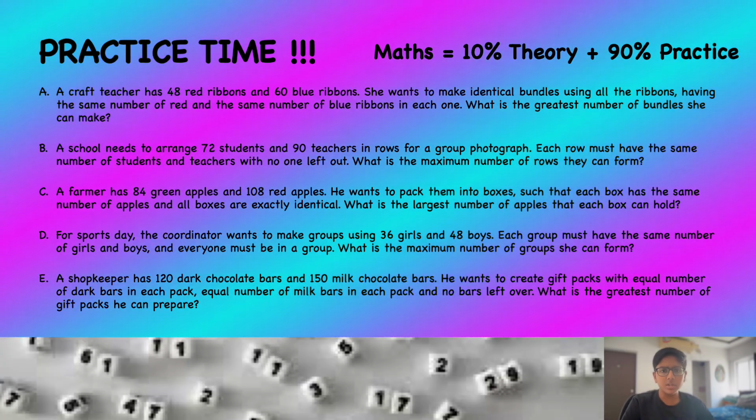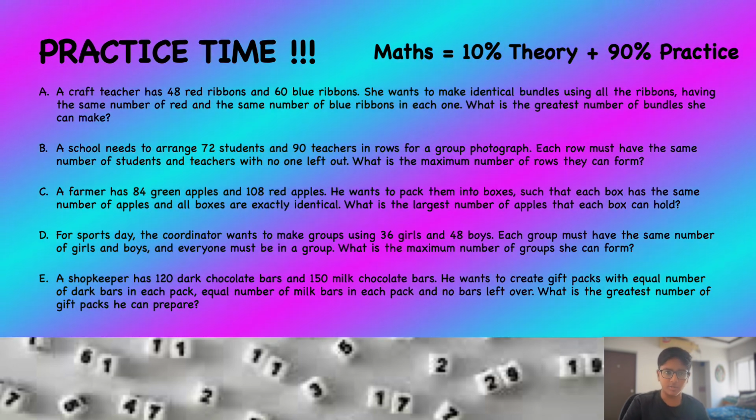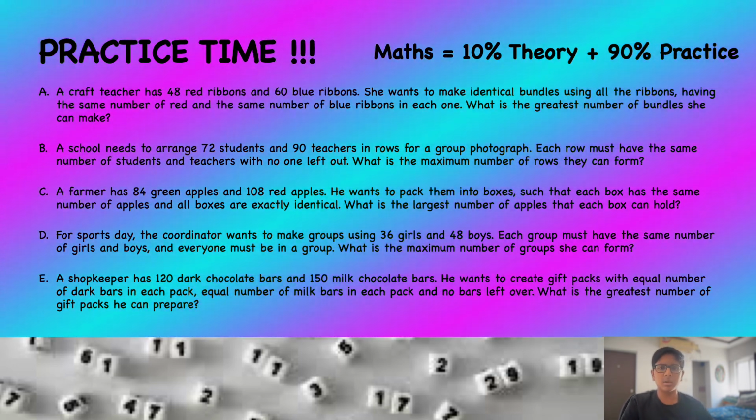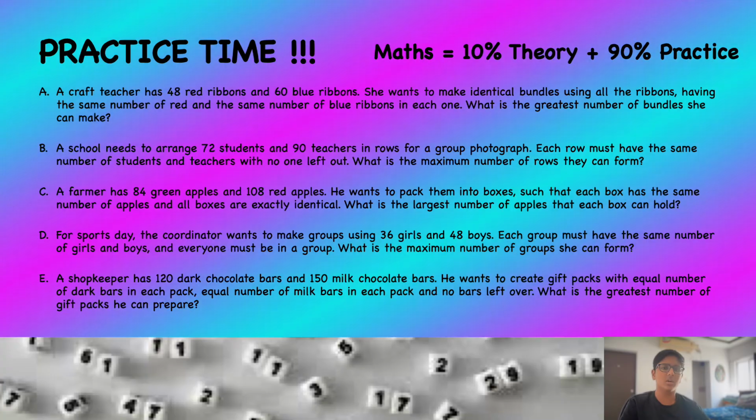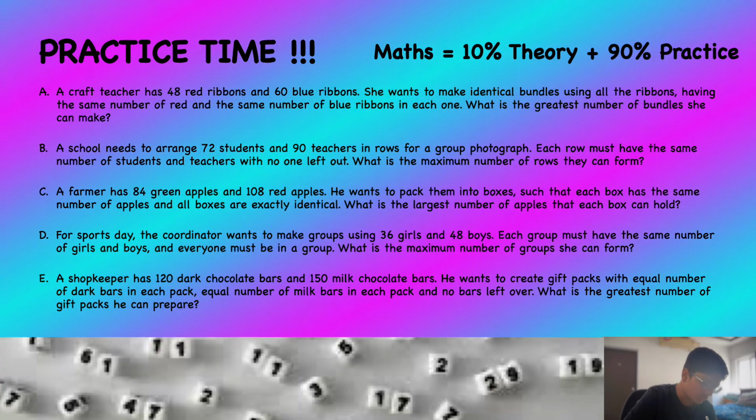Next, a school needs to arrange 72 students and 90 teachers in rows for a group photograph. Each row must have the same number of students and teachers with no one left out. What is the maximum number of rows they can form? For this one we have to do 72.